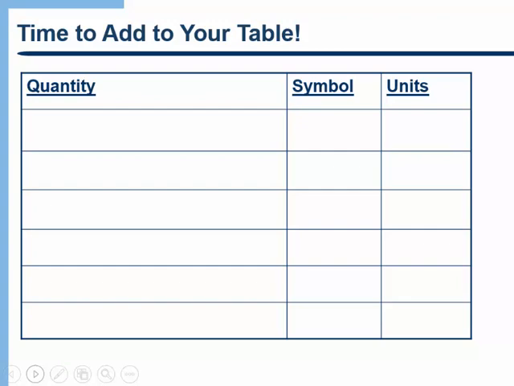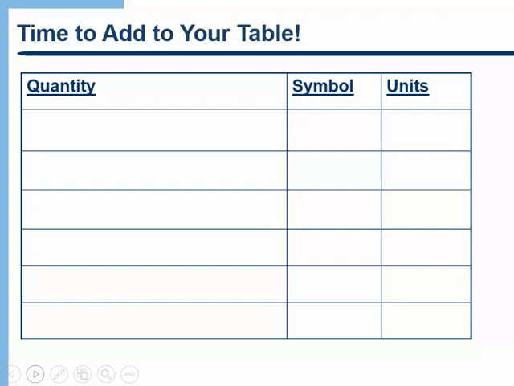Time to add to your table. One of the things that I've emphasized to you is that even when you're given a formula sheet for an exam, if you don't know what the symbols mean, that formula sheet won't help you. You'll notice that by the time you've covered one- and two-dimensional motion, you've got lots of different symbols to keep track of. So hopefully you've got a table going and you're keeping track of all these variables.